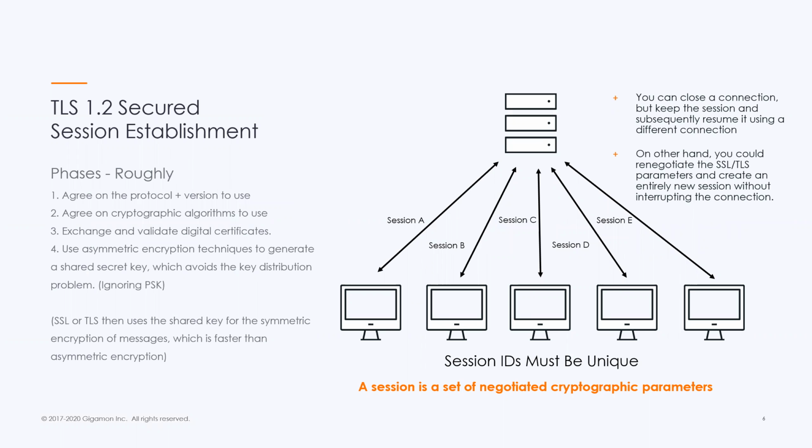So for TLS 1.2, roughly the phases for session establishment are: agree on the protocol and version, agree on the algorithms, exchange and validate the certificates, use asymmetric encryption technique to generate the shared key, and then finally when the handshake is complete, you can actually begin the cryptographic exchange.